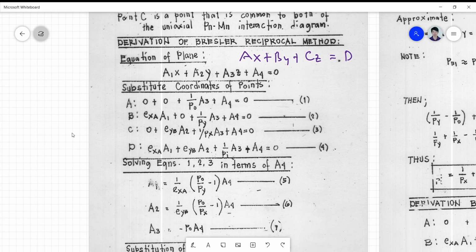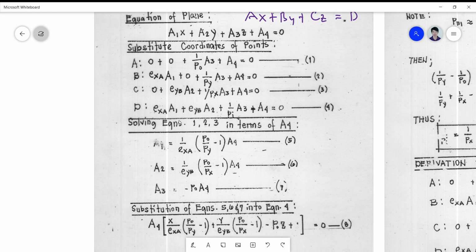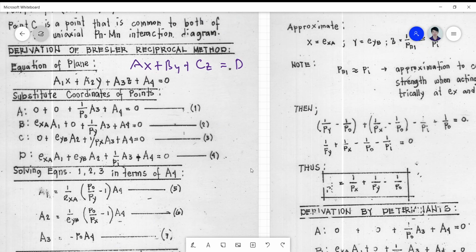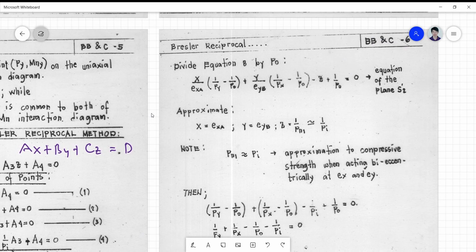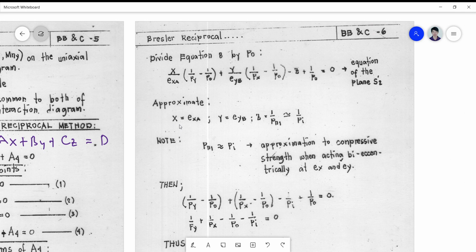We just solve simultaneous equations and then solve for A1, A2, and A3, and of course A4, the constant D, is also solved. Substituting it back to the original equation, we can derive your interaction equation on the basis of the critical points given by Bresler.